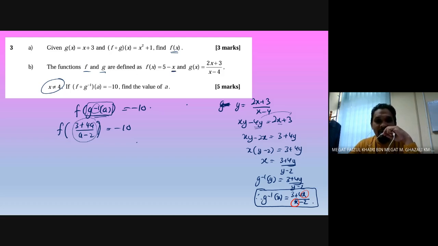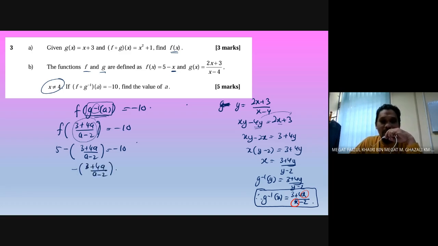The function f is 5 - x. So 5 minus (3 + 4a)/(a - 2) equal to negative 10. Then negative (3 + 4a)/(a - 2) equal to negative 15, bringing the 5 to the other side.